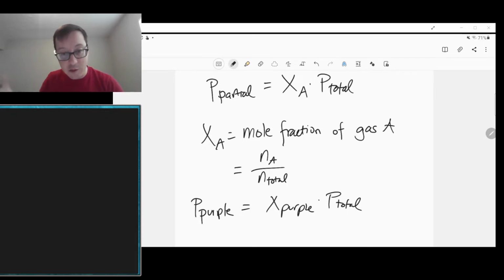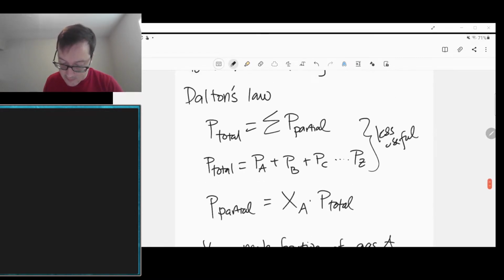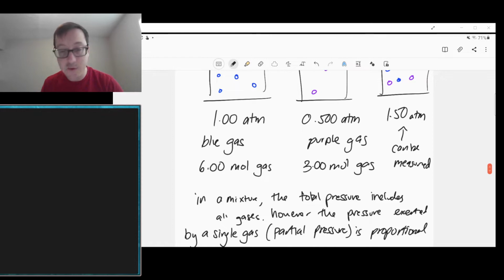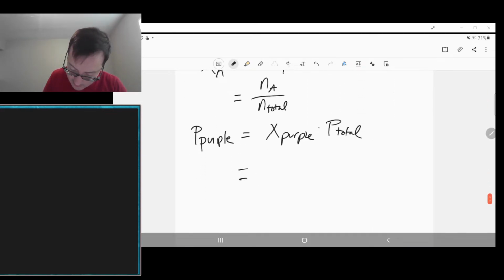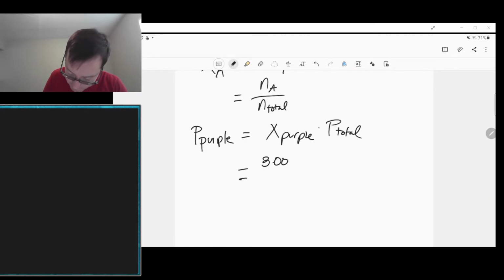And if we look back to our actual numbers, our purple gas we had 3 moles, and blue gas we had 6 moles, meaning that altogether we have 9 moles of gas here. So that's going to be 3 moles over 3 moles plus 6 moles.